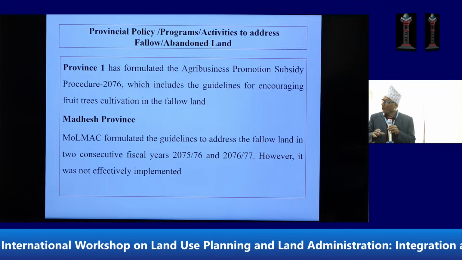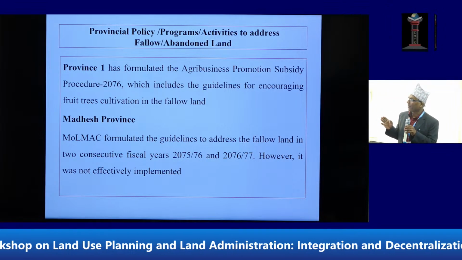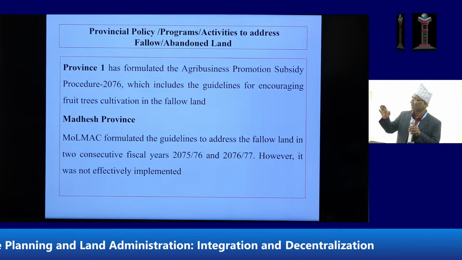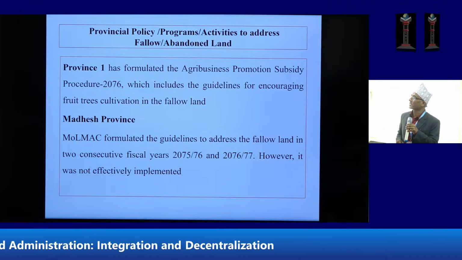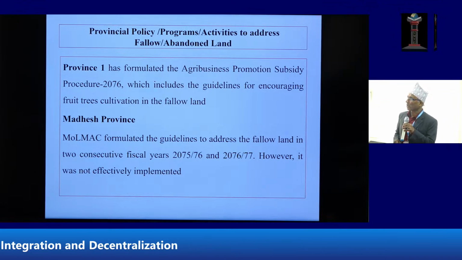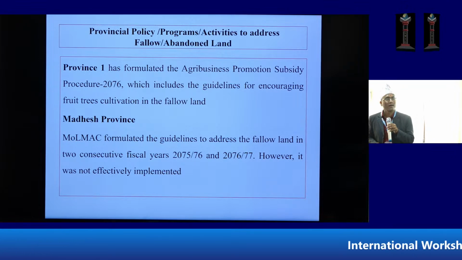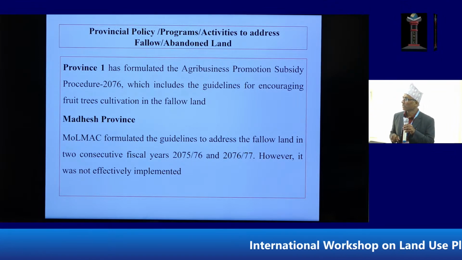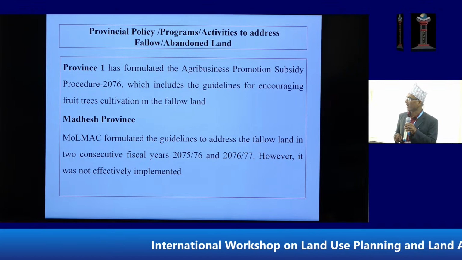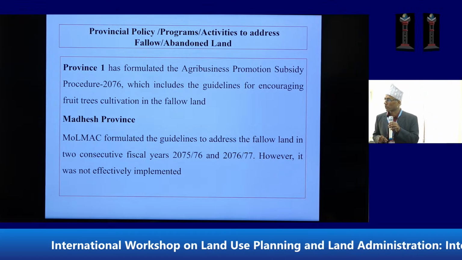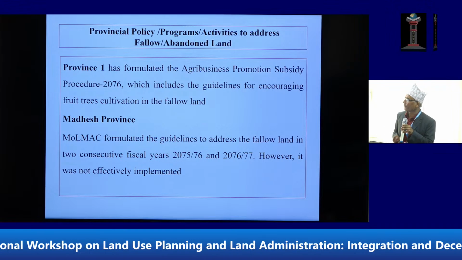And there are some provincial policies, programs, and activities. I have listed some here. Province One has formulated an agribusiness promotion subsidy procedure, which includes guidelines for encouraging fruit tree cultivation on fallow land. Madhesh Province also formulated guidelines to address fallow land over consecutive fiscal years.